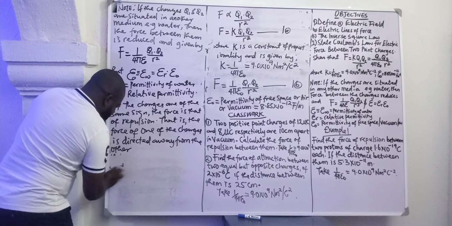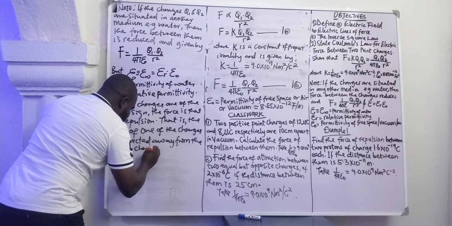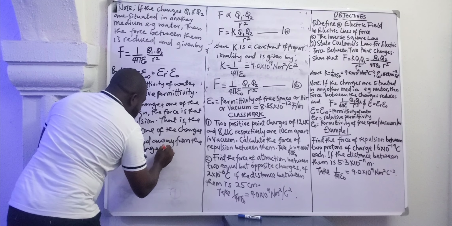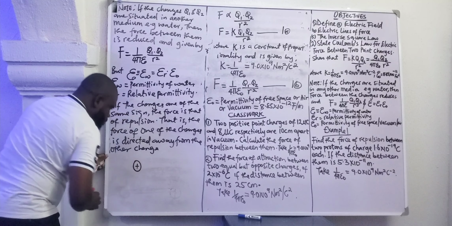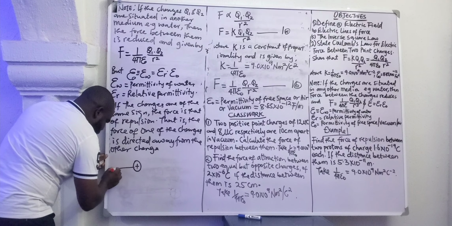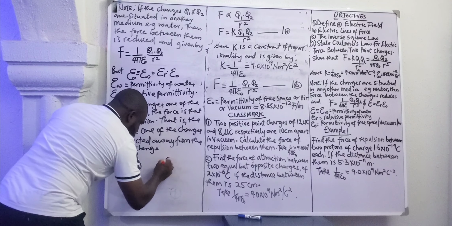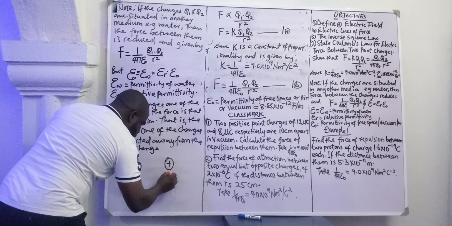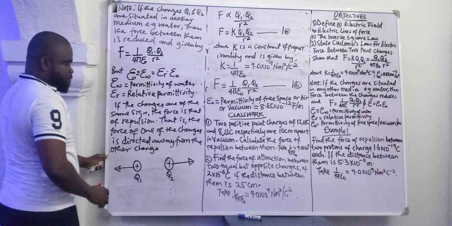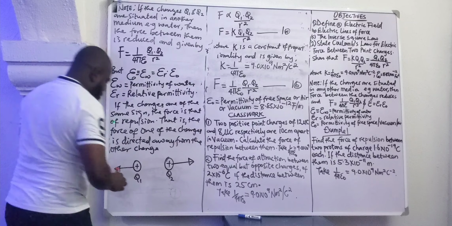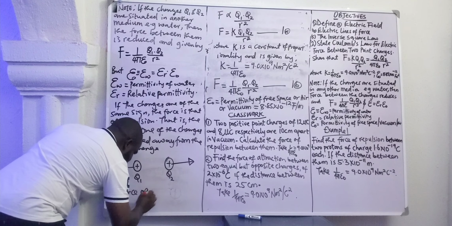So how do we put that in a diagram? We have that Q1 is positive, the force acts this way, and then Q2 is also positive, the force pulls this way. So it's directed away from each other. So this is what? Force of repulsion.